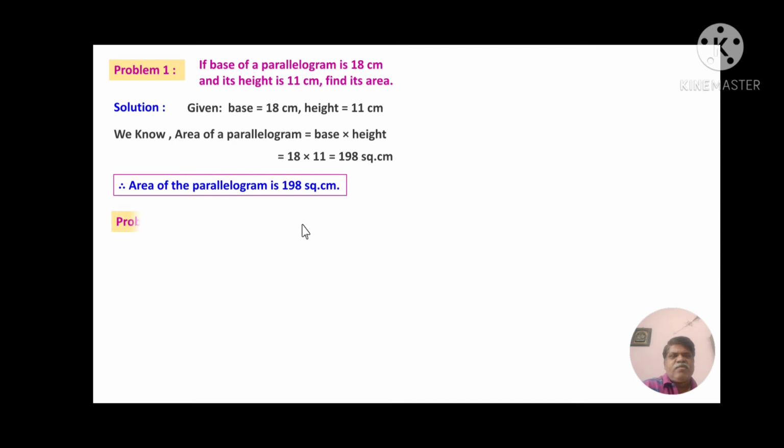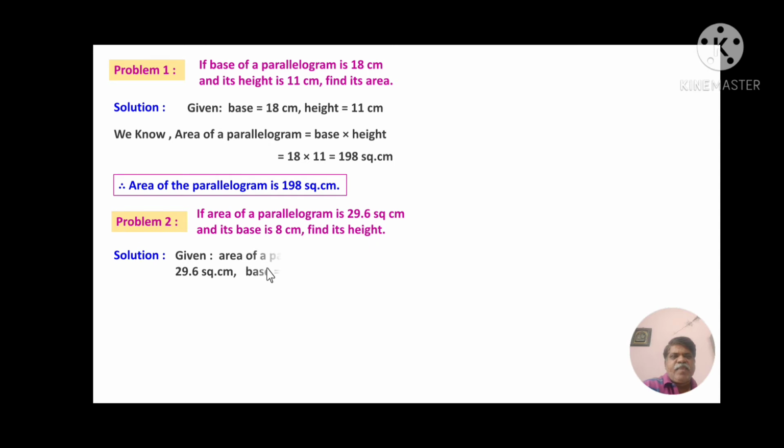Now let us see problem number 2. If the area of the parallelogram is 29.6 square centimeter and its base is 8 centimeter, find its height. Here area and base are given. So first of all, we have to write the given things. Area of the parallelogram is 29.6 square centimeter and base is 8 centimeter.